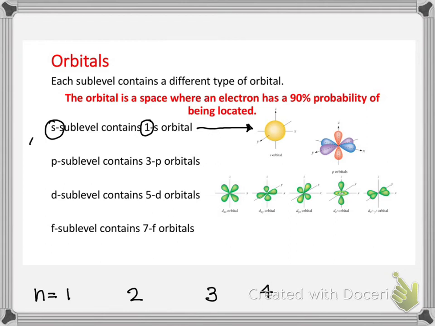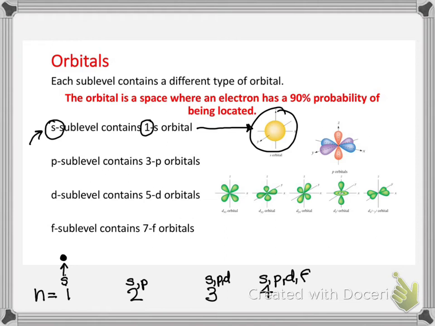Everybody has an S, and I'm not going to draw this for all of them. Because remember, this is S, this is SP, this is SPD, this is SPD, and F. So anybody with an S has an S orbital, just one of them that looks like this.